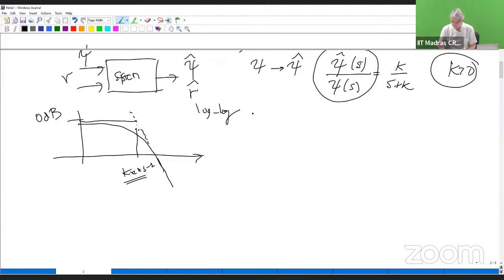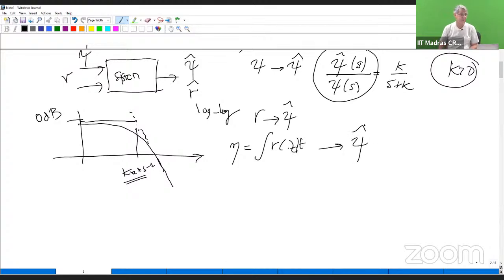You could be tempted to look at the transfer function between R and psi hat. But this is a rate and this is an angle, so it's not going to work. What you do is invent a variable, which is the integral of R. So to some extent, it's an angle. And then you ask the question, what's the impact on psi hat?